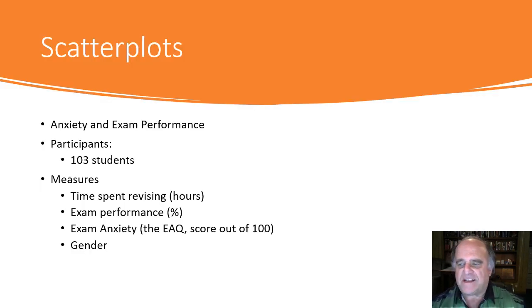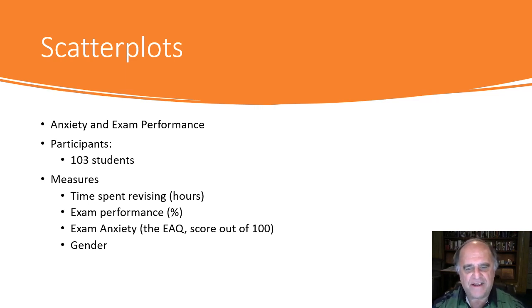So we're going to start out with scatter plots, because scatter plots are very important in regression. This particular scatter plot is for anxiety and exam performance. It looks at 103 students. The measures were time spent revising, in hours, exam performance as a percentage, and again, you probably shouldn't use percentage score as a measure, but this one does.